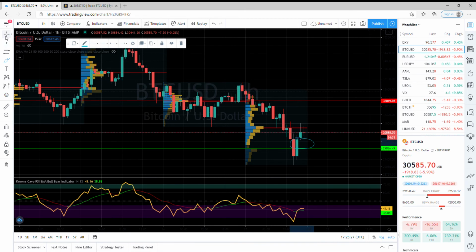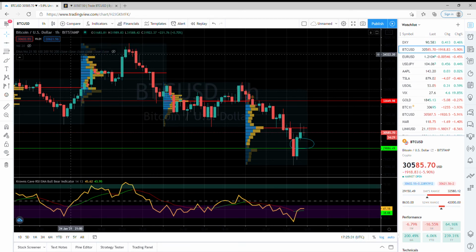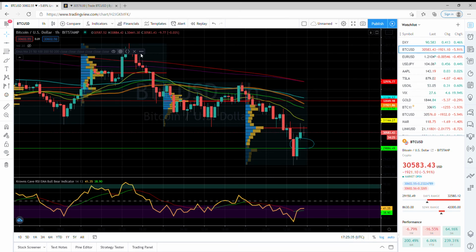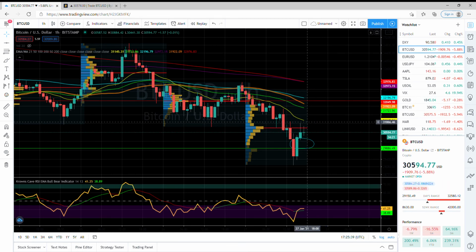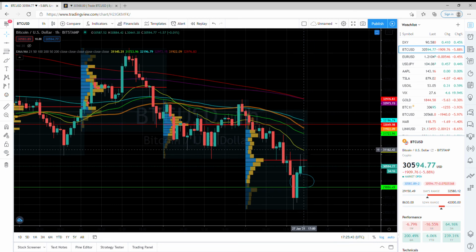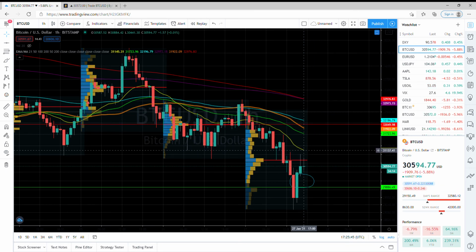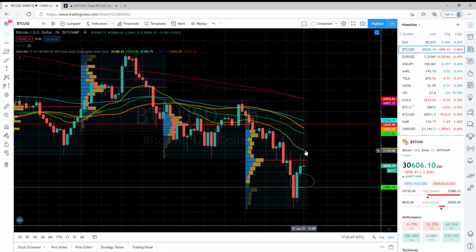Now I have a different indicator that I follow, which is EMAs and MAs: moving averages, exponential moving averages. The first target that I'm aiming for is this yellow line, which is the first level of resistance in my opinion.